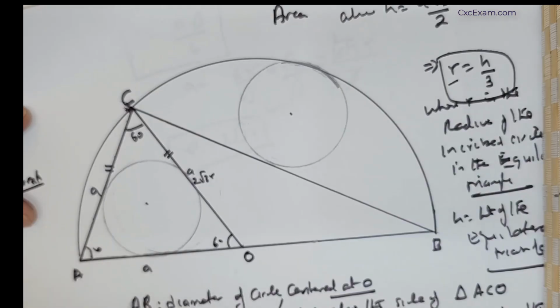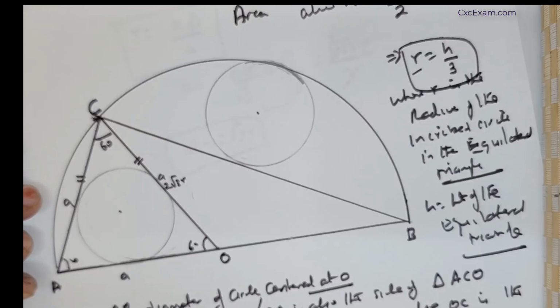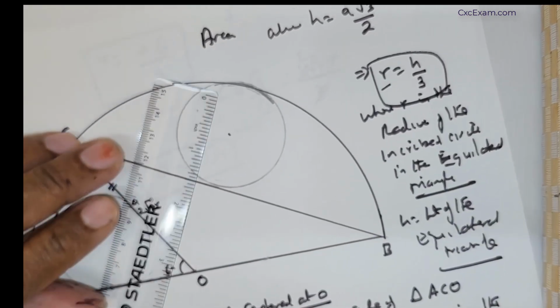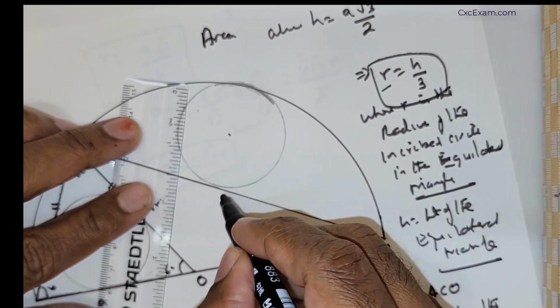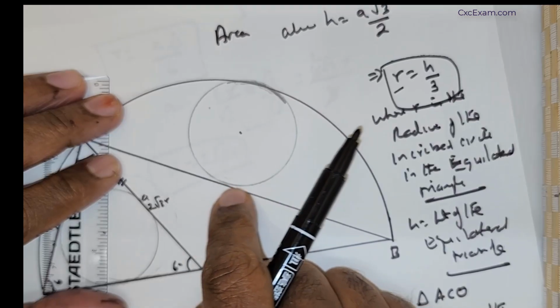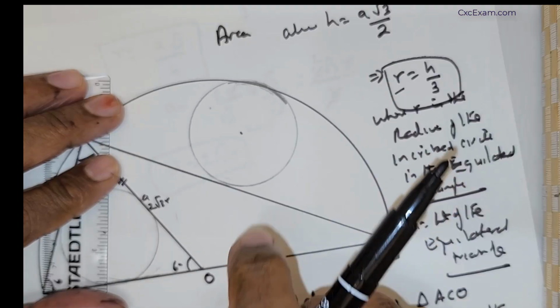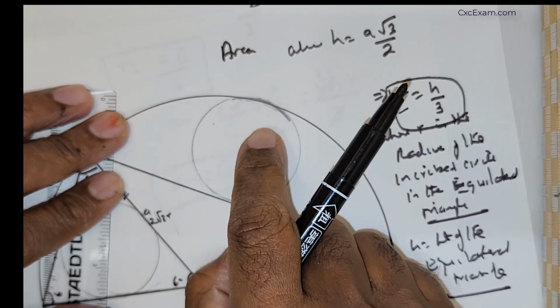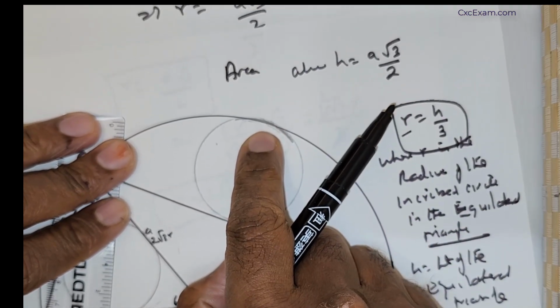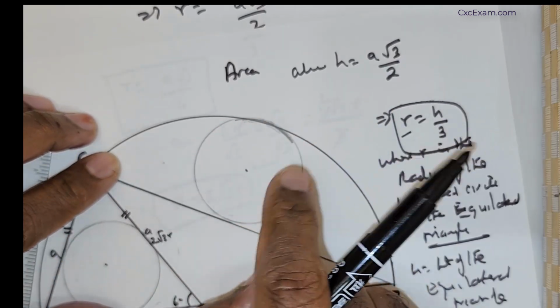Okay, fair enough. Now the next step, what I wish to do is, I would like to draw a line. See, there is a tangency. The circle has a point of tangency with this line, and there is also a point of tangency with the semicircle.